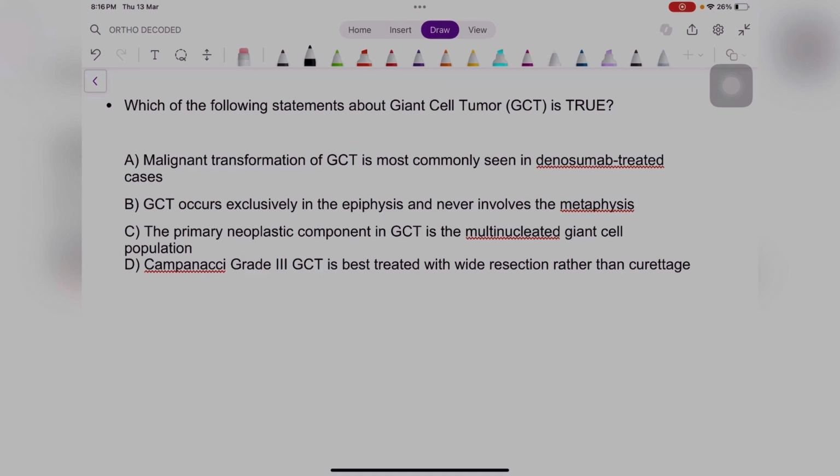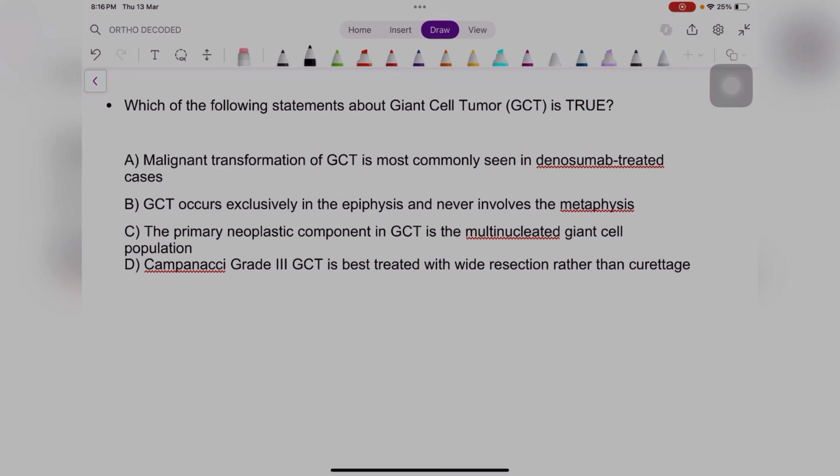So the next question. Which of the following statements about giant cell tumor is true? Now, once again, we have come to a question where they are asking which is true. So, we'll read the options one by one. Malignant transformation is most commonly seen in denosumab treated cases.